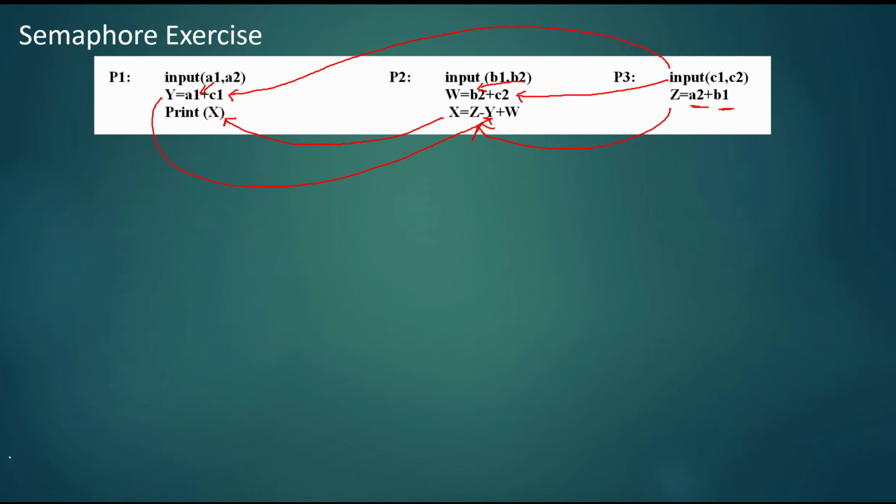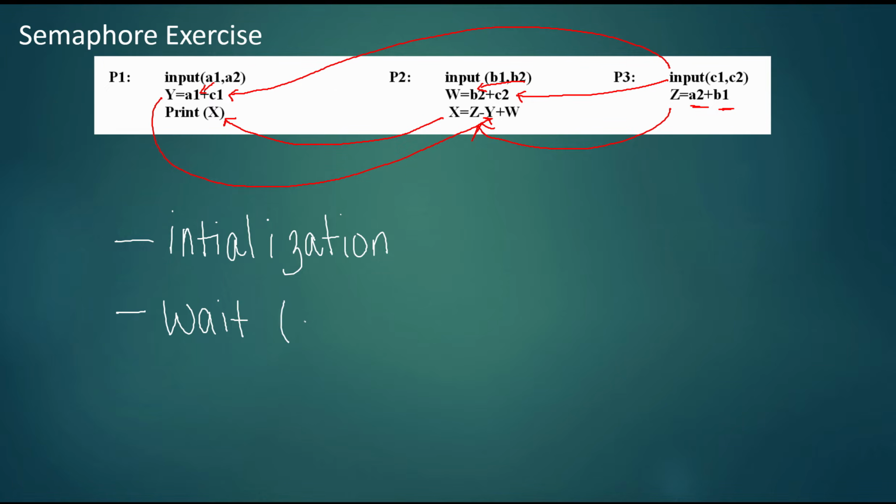Okay, so let's just remind ourselves a little bit about semaphores. Semaphores have three operations. A semaphore is just a global integer variable. The first operation is initialization, and it's important what the semaphore is initialized to. The next operation is a wait operation, which, if the semaphore value happens to be 0, the process will wait.